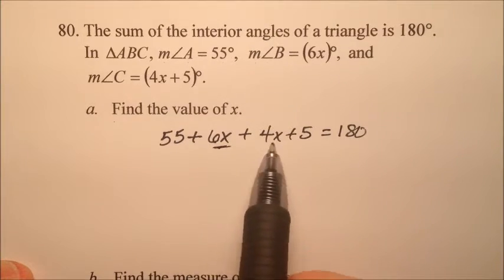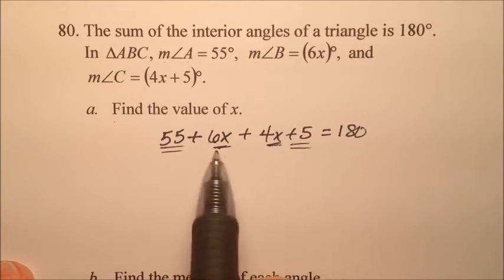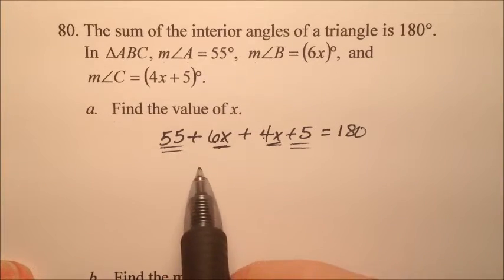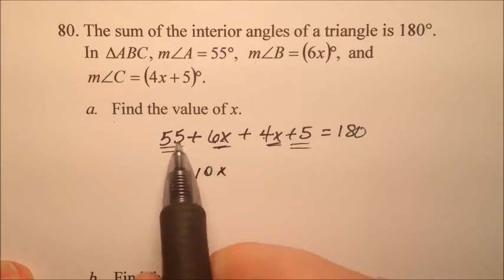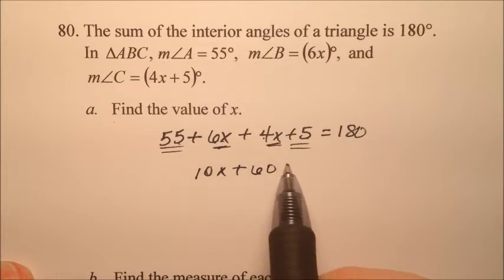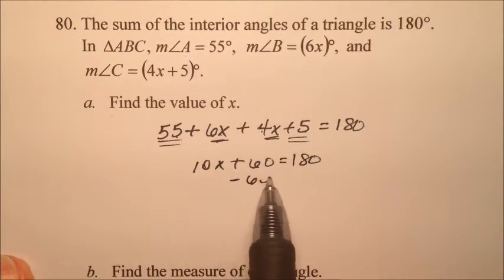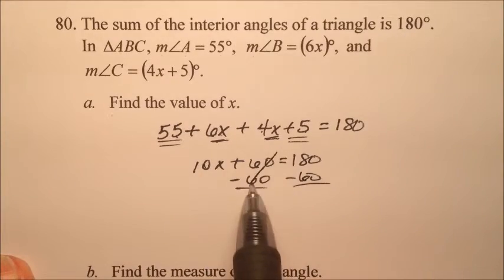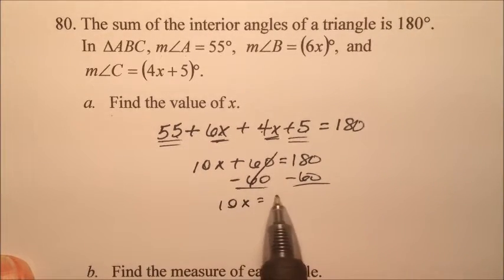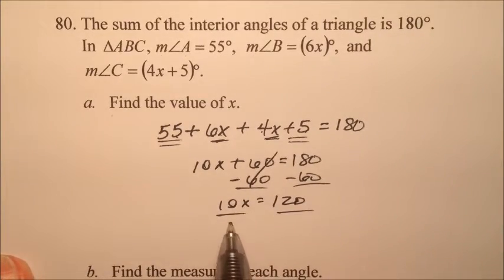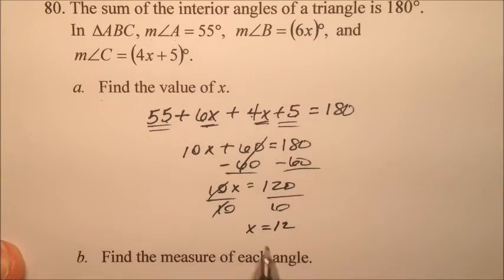So at this point I need to combine like terms, so I have some constants and some x's, so 6x and 4x will make 10x, 55 and 5 will make 60, and that makes 180. So now let's subtract 60 from both sides. So 10x equals 120, and when I divide both sides by 10, my x equals 12. So the value of x equals 12 in this case.